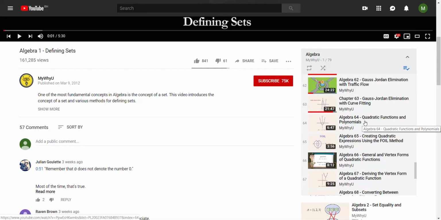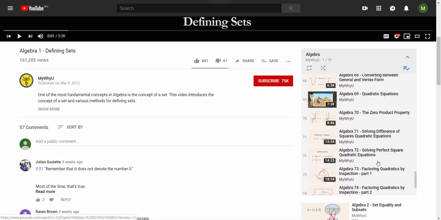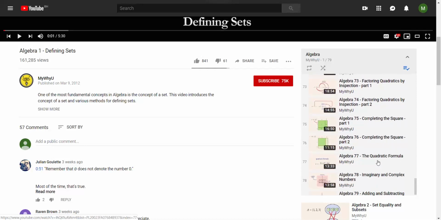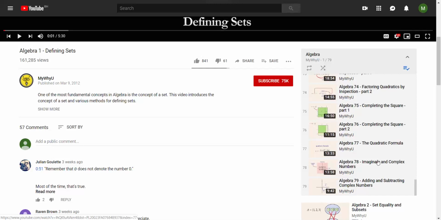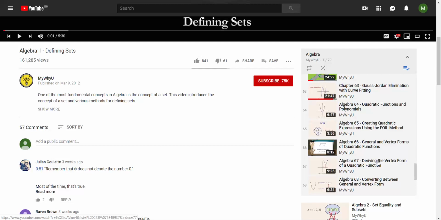So the next topic we will be discussing here is quadratic functions, like converting between general and vertex form, and solving different quadratic equations. The quadratic equations could be left for later. As we see fit, we could revisit these later on.